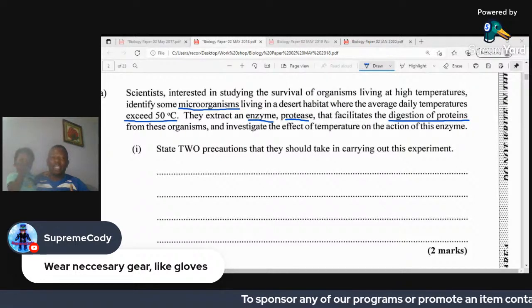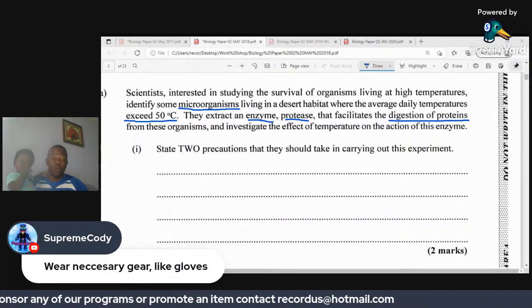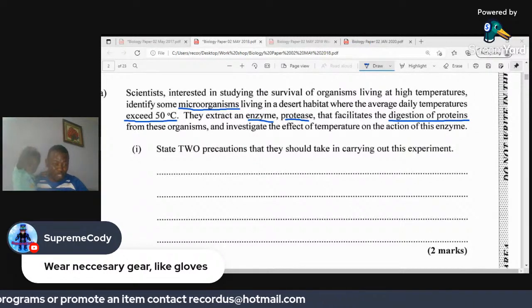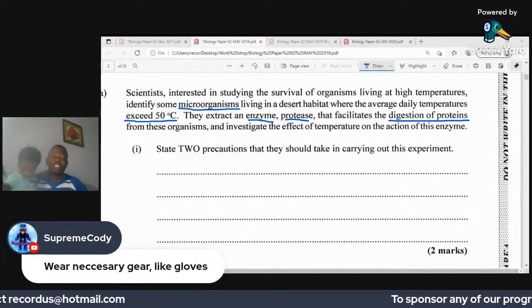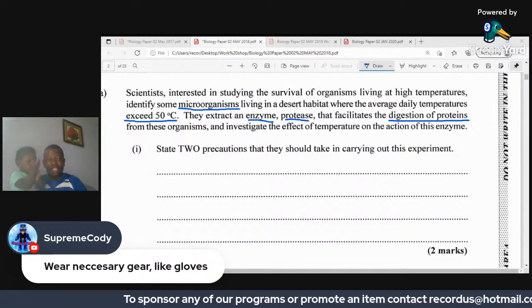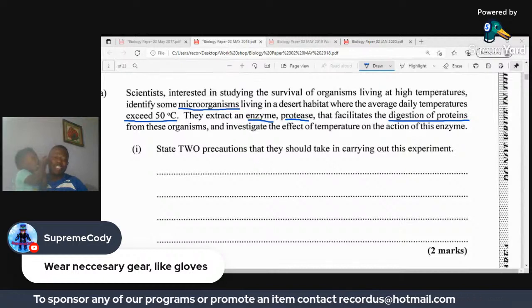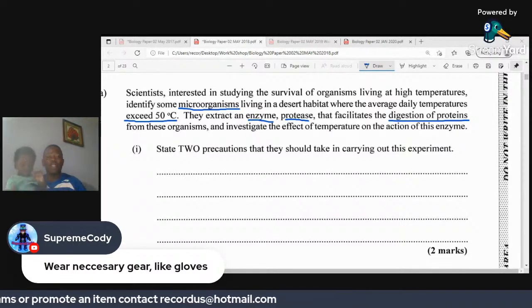You really don't want to expose this enzyme to too high a temperature. Neither do you want to expose this enzyme to arsenic. So you want to make sure that you're taking those precautions. You want to ensure that the enzyme is not exposed to too acidic an environment. Yes, I know that it's a protease, but you want to ensure that it is kept in the appropriate medium. So these are our precautions that you want to take.